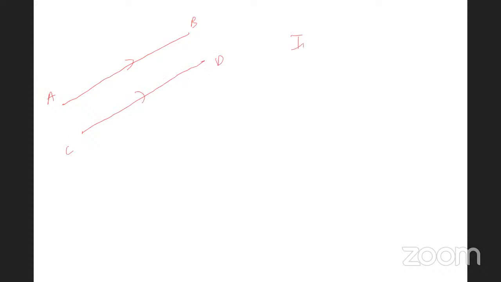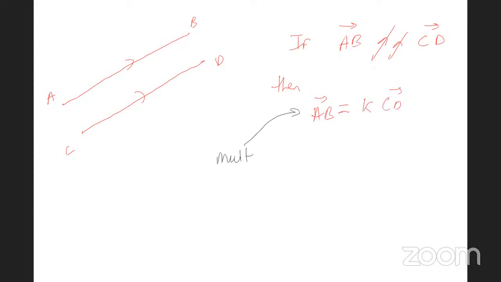If the vector AB is parallel to CD, that symbol is parallel, then AB is a multiple of CD. Okay, so that's the first thing that we need to look at: they are multiples of each other.